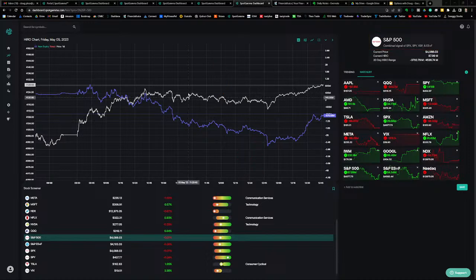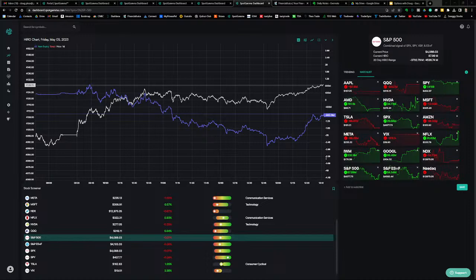So it looks like options traders were fading this move lower up until just about 1 p.m. Eastern time. Then they shifted and started taking positive delta positions. All right, let's take a look at the individual components of this, and then I'll open this up and take a closer view.